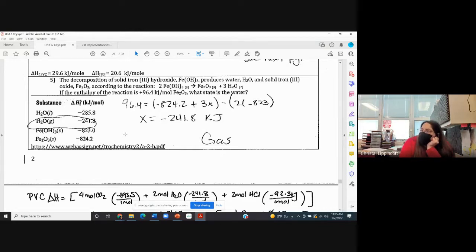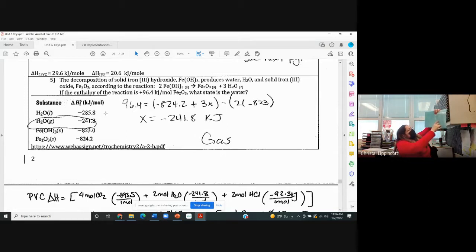But Bose-Einstein condensate. So if we're taking a test, and it gives you bond stuff, if this is delta H sub F, you're going to do broken minus formed. And the way you remember that is that on here, they tell you delta HF is products minus reactants.